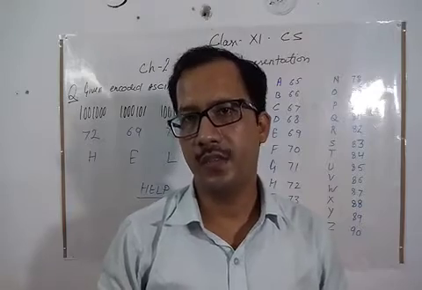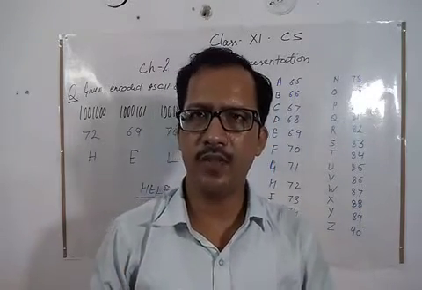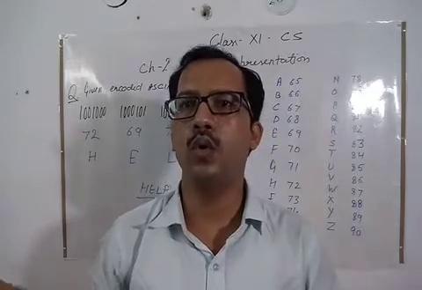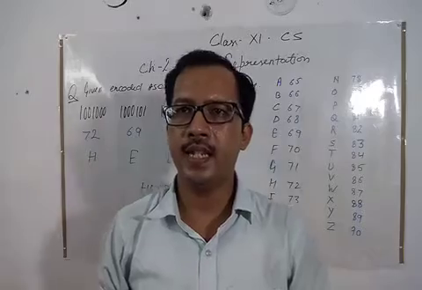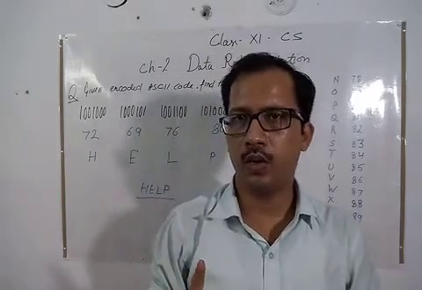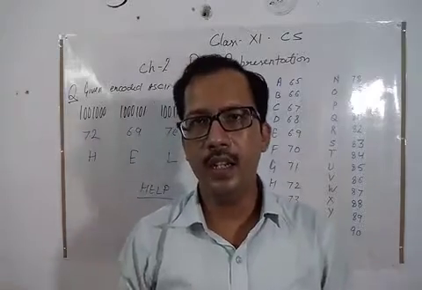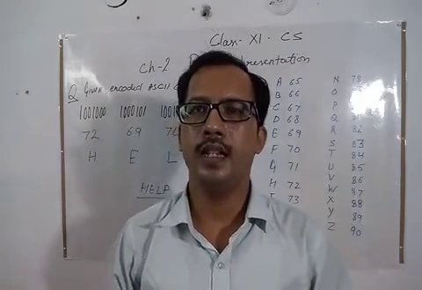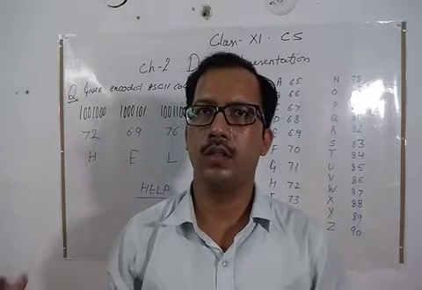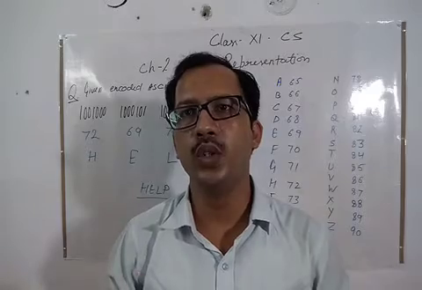Okay, so I think you have got the idea of representing characters in one of the widely used methods, which is ASCII. Further we have ISCII. ISCII stands for Indian Standard Code for Information Interchange, while ASCII is American Standard Code for Information Interchange. And there is another character representation code, which is Unicode.